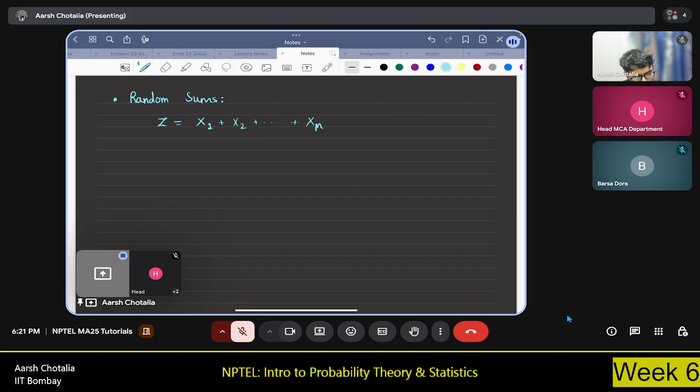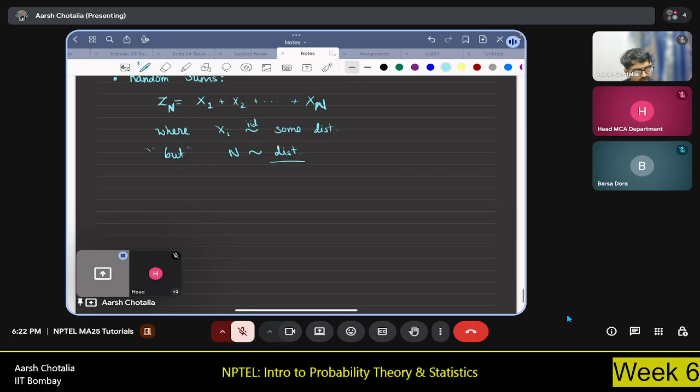That is the idea, that you call this Zn, where the Xi's are IID of some distribution, but n is also from some distribution. So n is also a random variable. So it's a sum of some random variables, but how many? That also we don't know. That is also coming from some distribution.